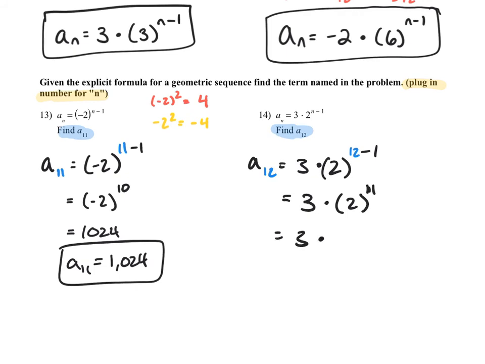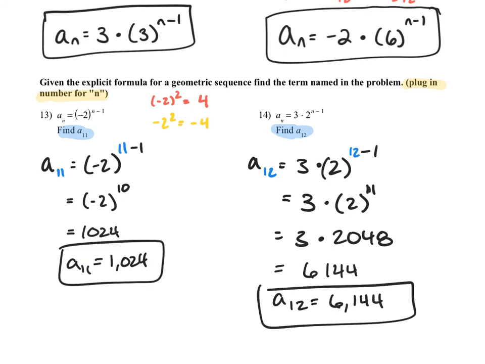Then, if you raise 2 to the 11th power, what do you get out? 2,048. And then if you multiply that by 3, you get out 6,144. So A sub 12 would be 6,144. Okay? All right.